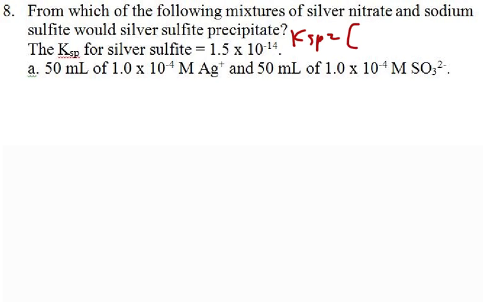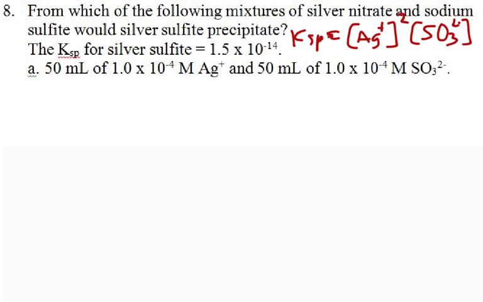We know that silver is Ag plus, and sulfite is SO3 2 minus. And if we wrote the equation, we would have 2 Ag pluses and 1 sulfite, so there's a 2 up here.